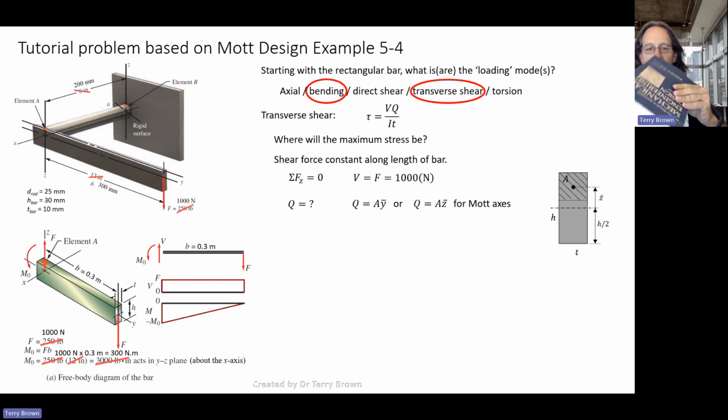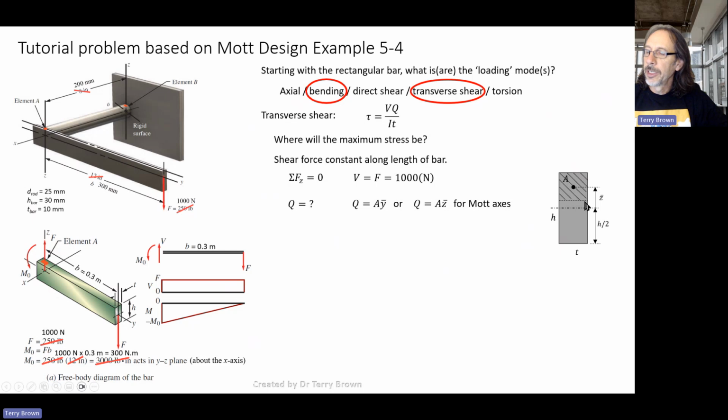If I open every page and sprayed some contact adhesive there and I glued all those pages together, what's going to happen when I push here? It's not going to flop down like that, is it? It's going to be stiff and resist that load. Okay, so what's happening is that we're developing shear stresses in the glue between each page. And that stress that we're developing in the glue between each page along the length of the beam is the transverse shear stress.